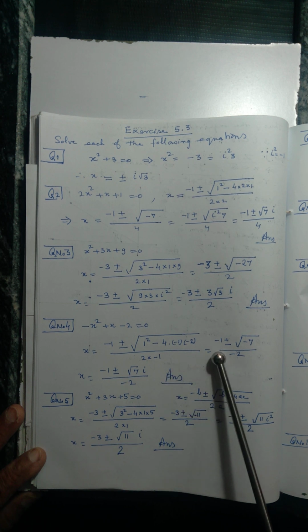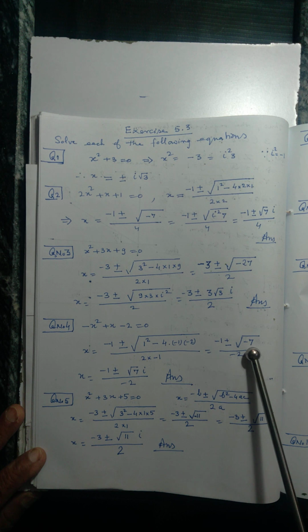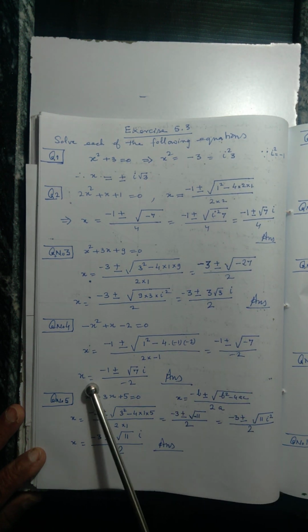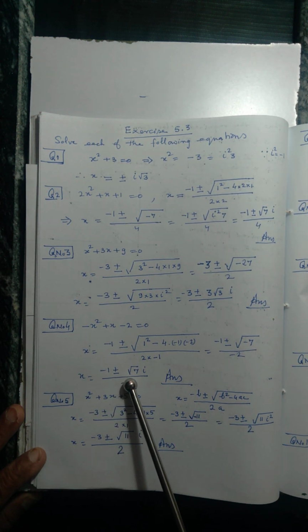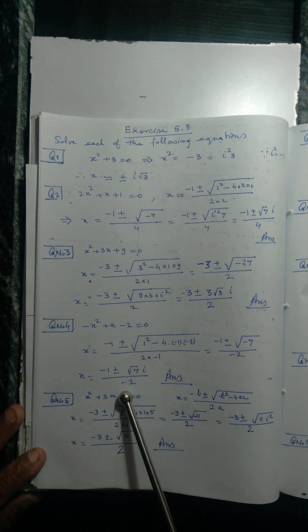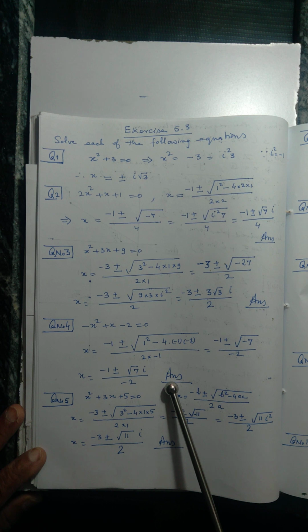So it will be equal to minus 1 plus minus root of minus 7, whole divided by minus 2. It will be further equal to minus 1 plus minus root of 7 iota, whole divided by minus 2, and this will be the answer of question number 4.